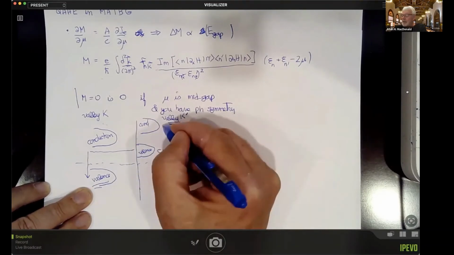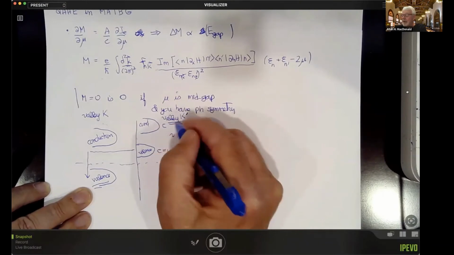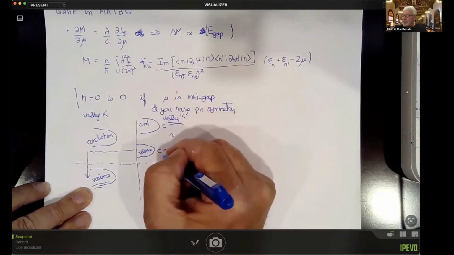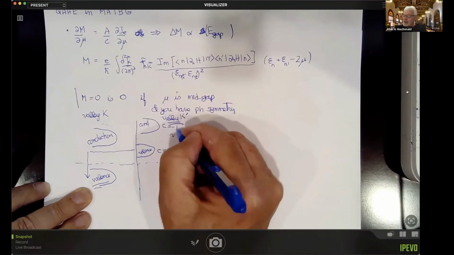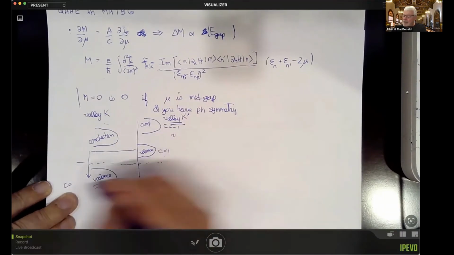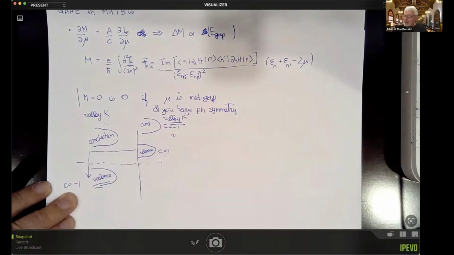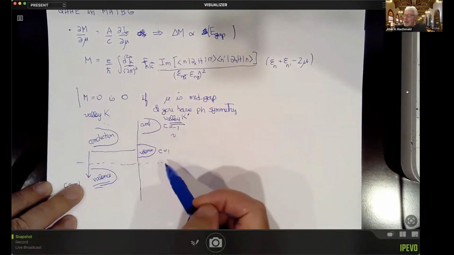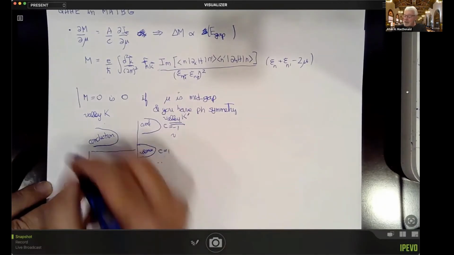This band pair typically has Chern number, let's say it's +1 here, -1 here, integrated Berry curvature. So the other valley always has the opposite Chern numbers.